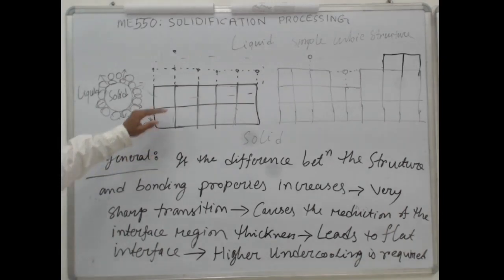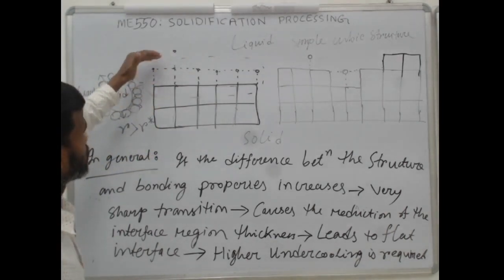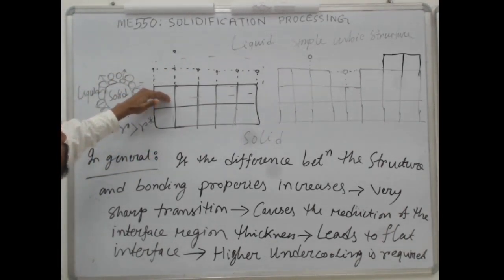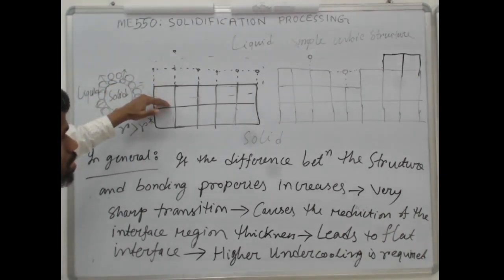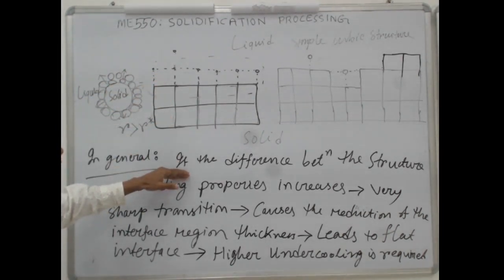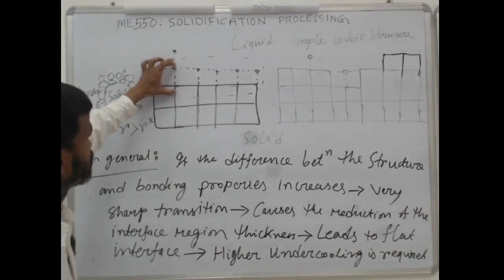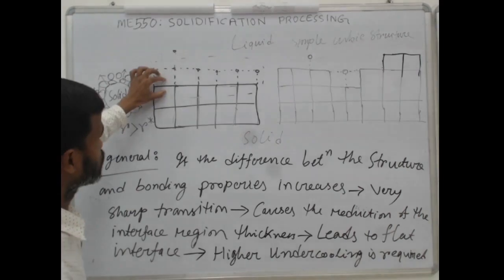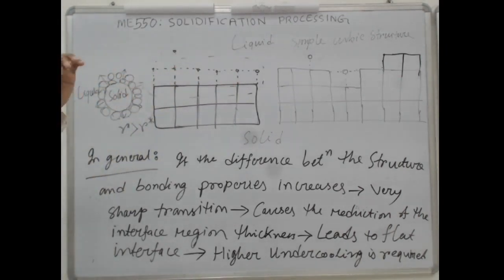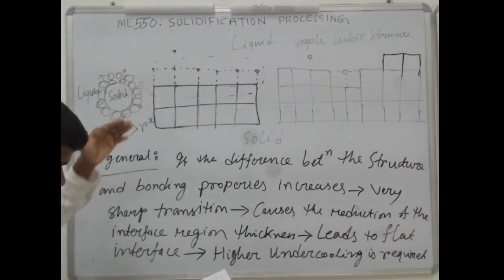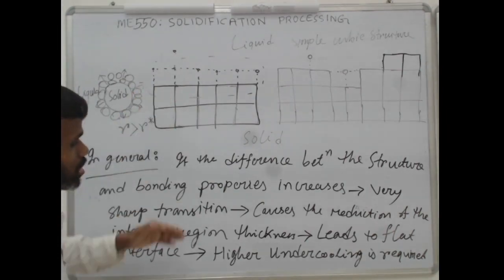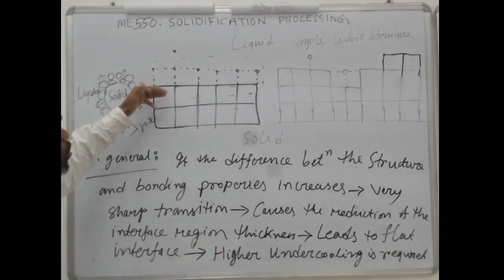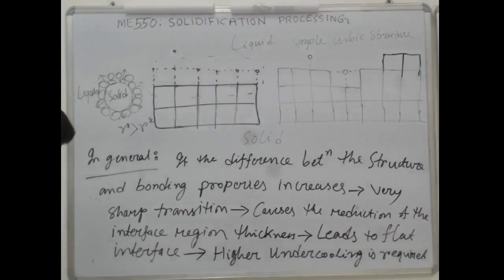So you see, if the bonding and the structure of the solid and liquid phases are very different, then the interface region will become very narrow, and this causes the interface to be very flat. If the interface is very flat, the growth will be very difficult, and because of this you need high undercooling, and the growth will also be anisotropic.